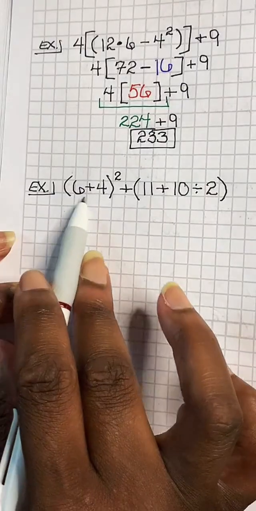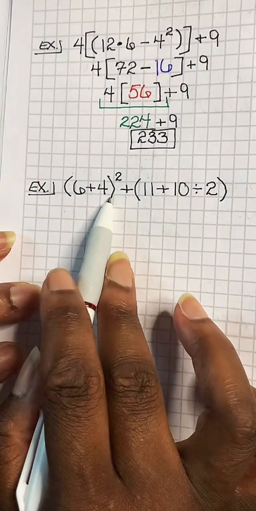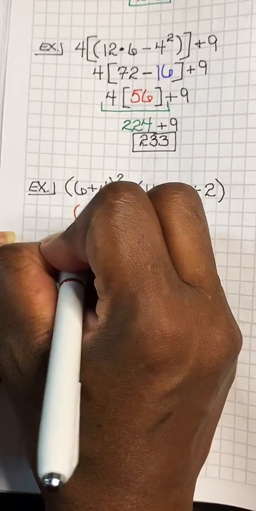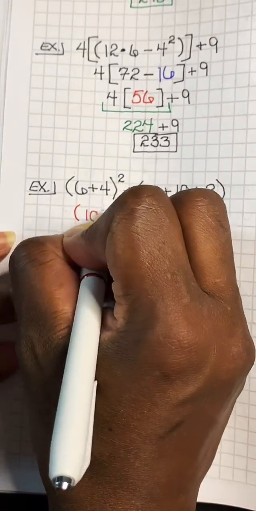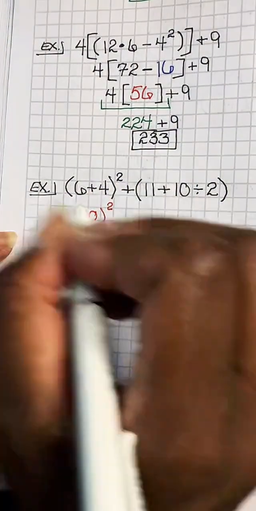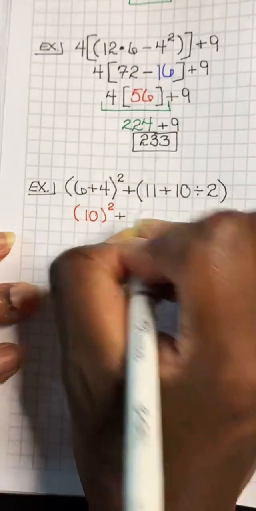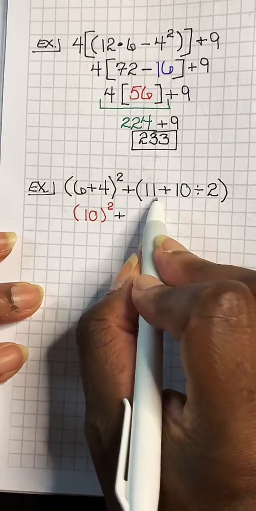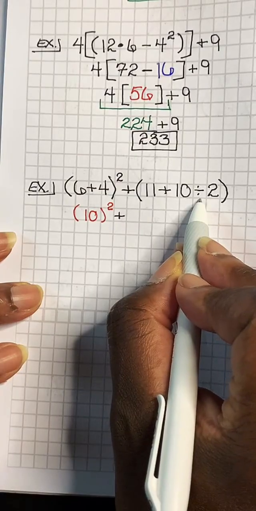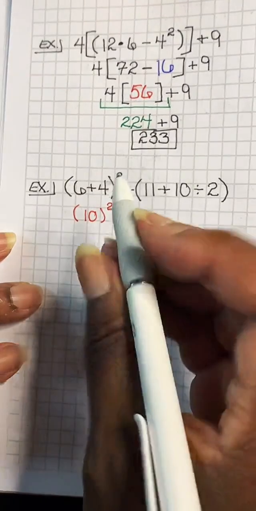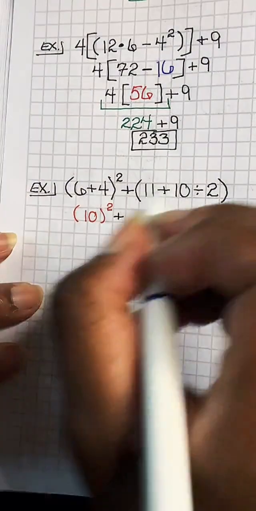So we're doing what's inside the parentheses. Let's start here. So we have 6 plus 4. That gives me the 10. And that's being squared. Bring down our plus sign. We got stuff going on inside of this parenthesis. We have addition and division. Remember, multiplication and division always comes before addition and subtraction.